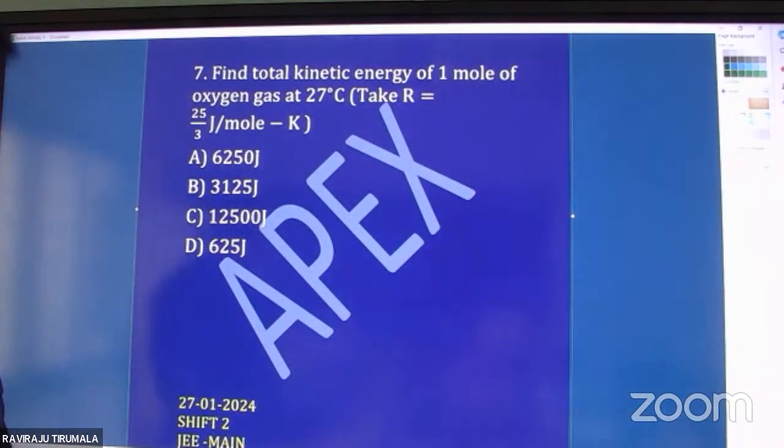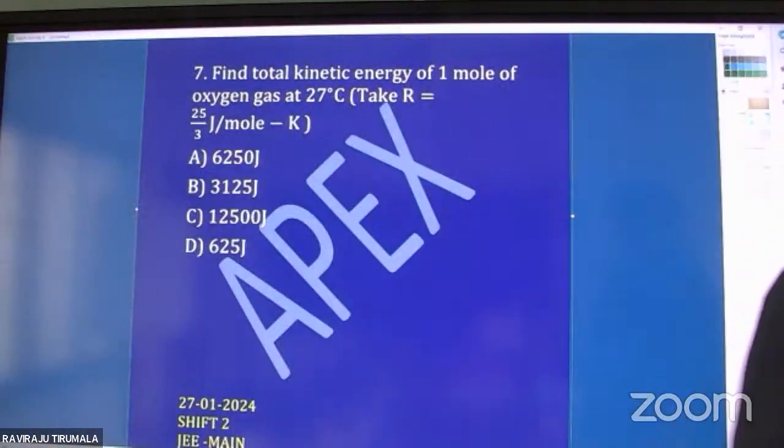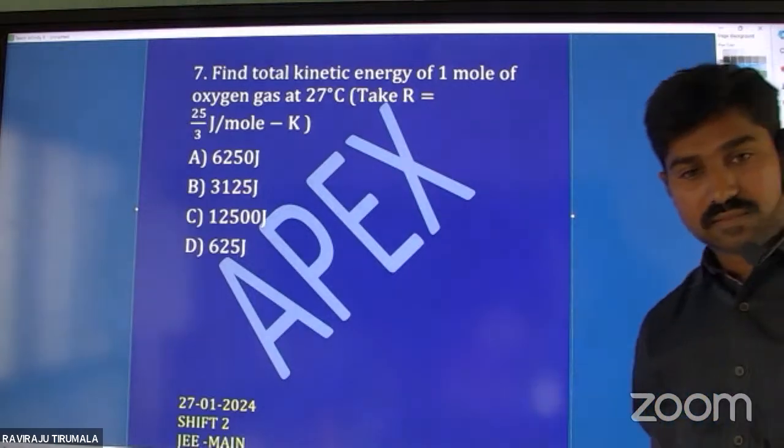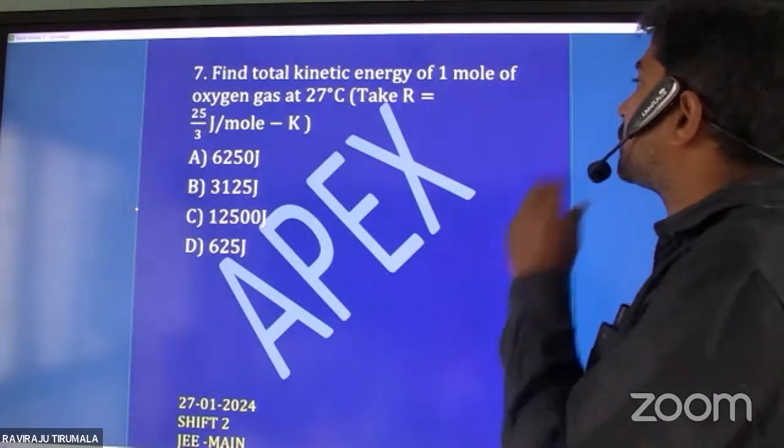See the question. It is based on kinetic theory of gases, I think. Find the total kinetic energy of 1 mole of oxygen gas at 27 degrees Celsius.